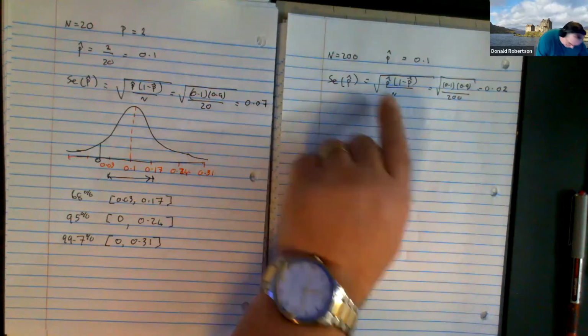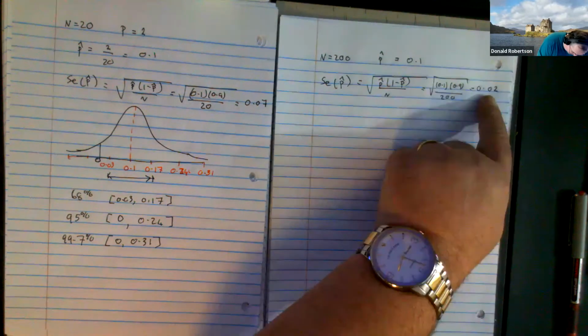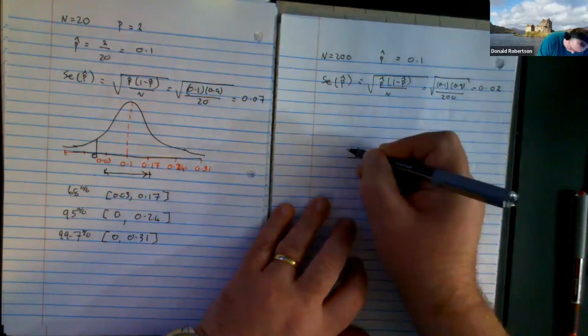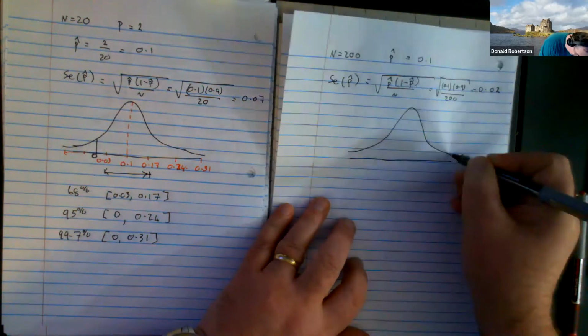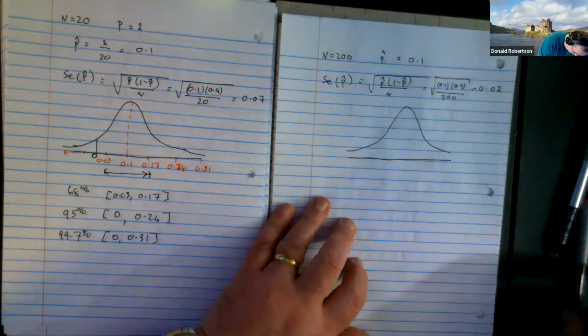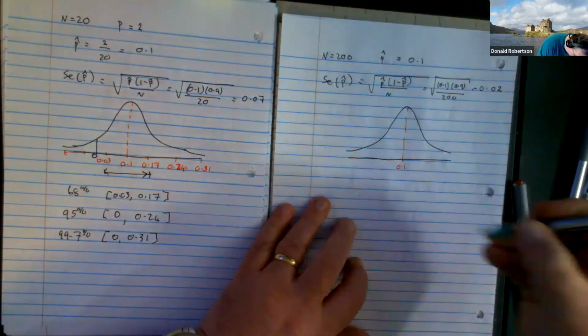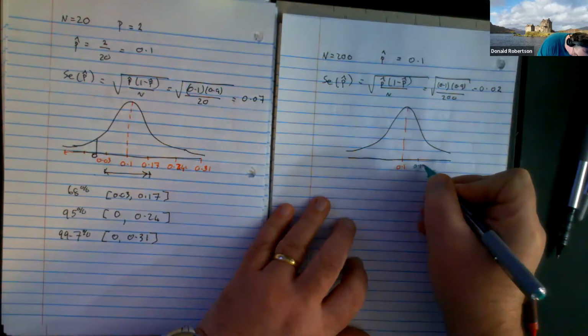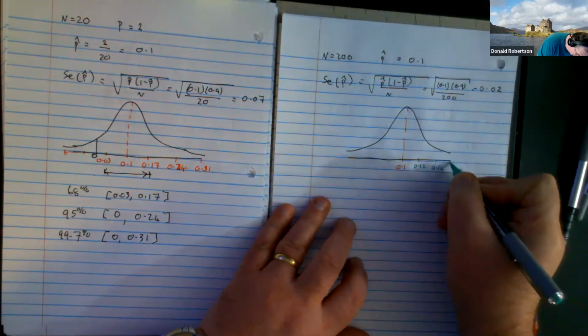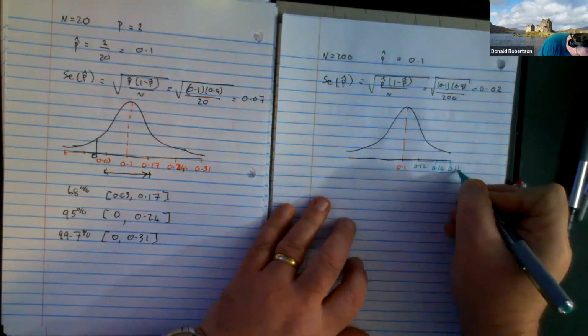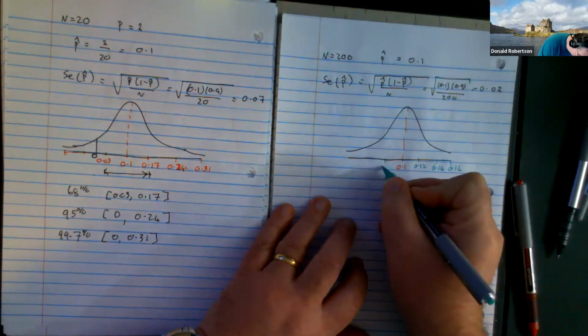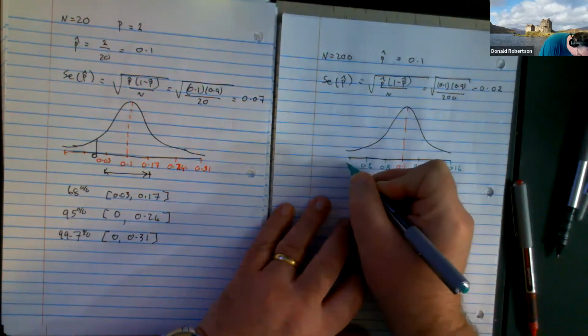So when I build my little guy, right in the middle is 10. And now we're going to go 2%, 2%, 2%, 2%, 2%, 2%.